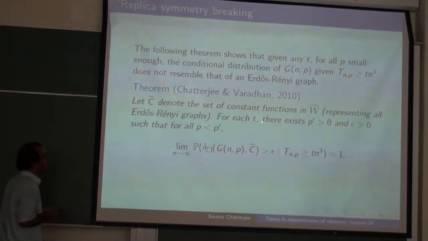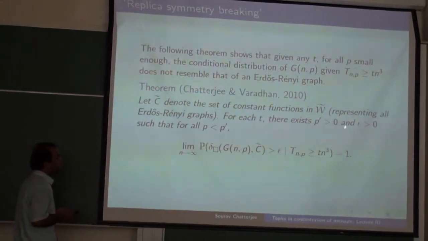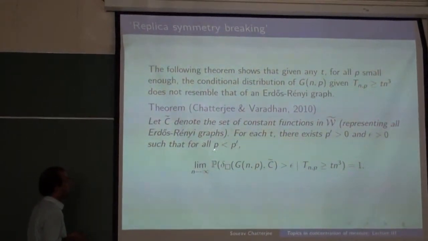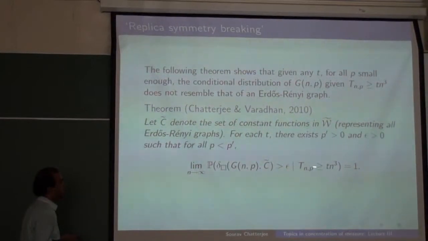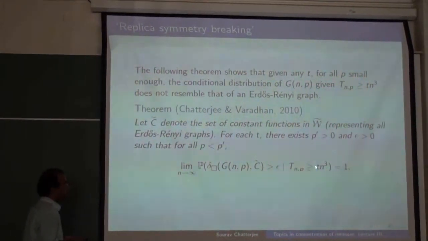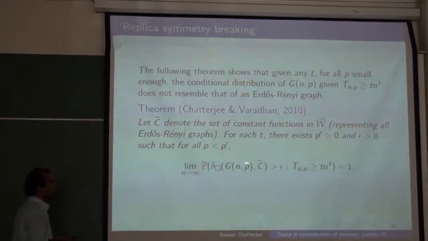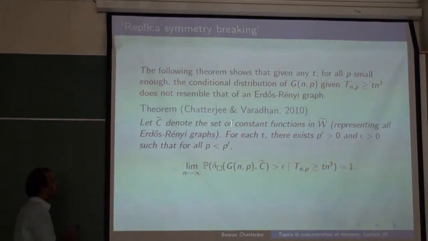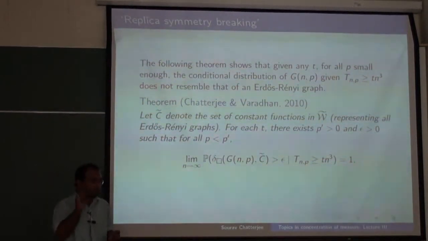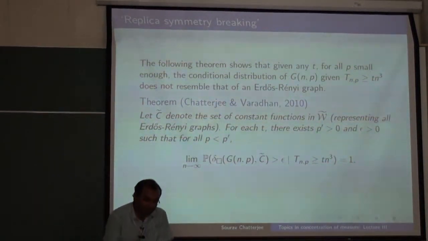Now for each t, there is a p prime small enough and an epsilon bigger than 0, so that if p is less than p prime, you can prove that given that TNP is bigger than Tn cubed, this GNP is away from this set with probability close to 1. Let me tell you this more clearly.